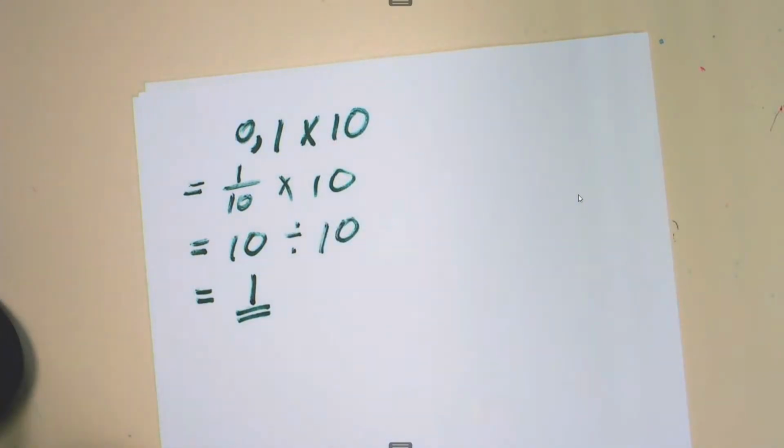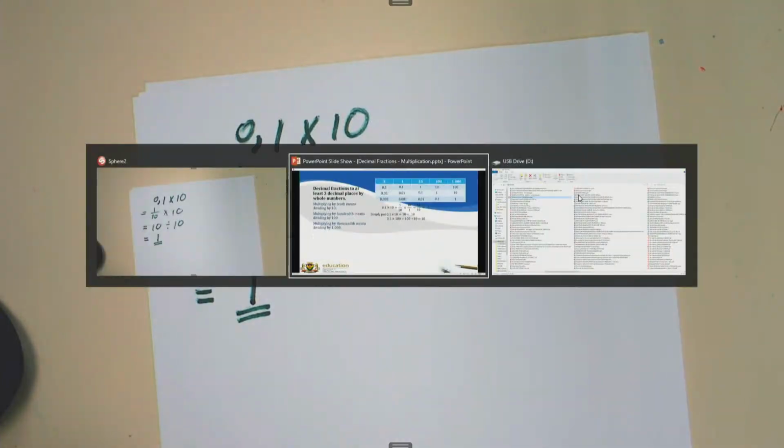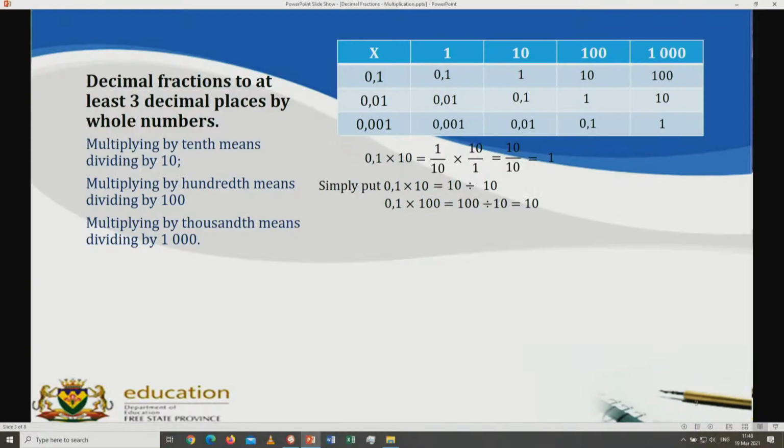Hence, I'm going to show you that when we multiply 0,1 by this whole number 10, in actual fact, we are saying 10 divided by 10.